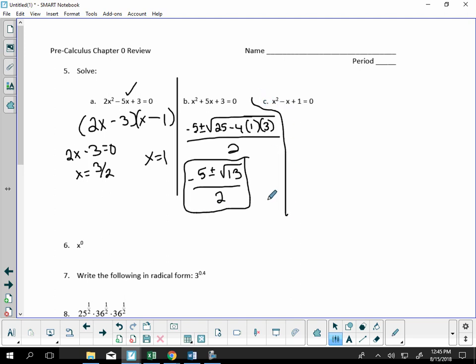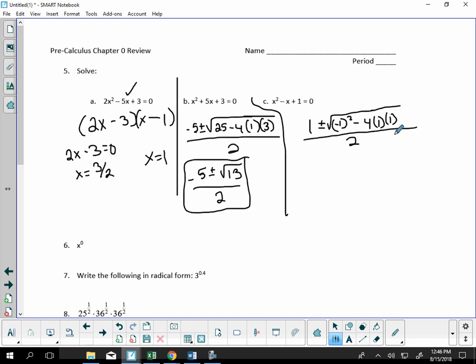I can tell you right now, C doesn't factor. There's no numbers that multiply to 1 that add to -1, so we're going to use our quadratic formula. Opposite B, plus or minus square root b squared minus 4ac all over 2a.